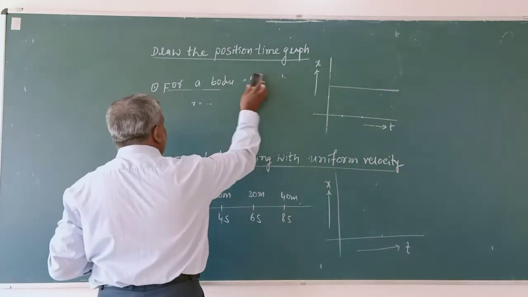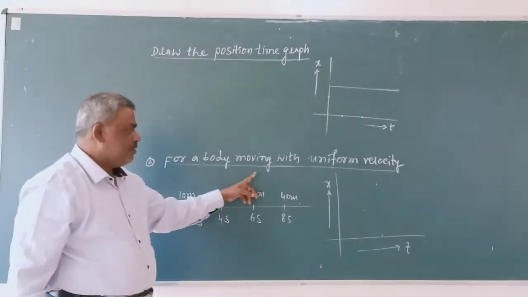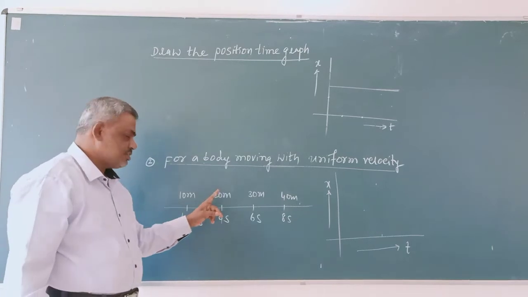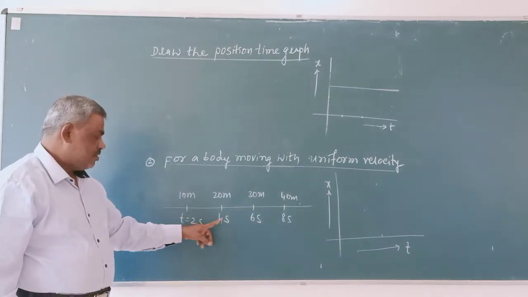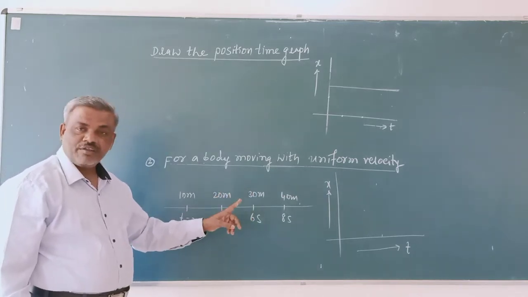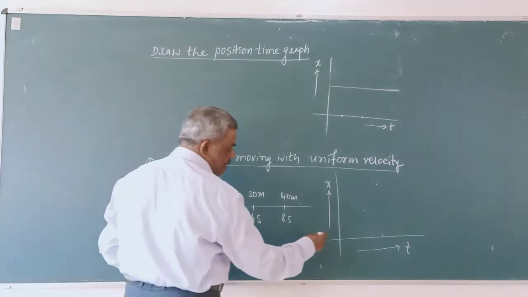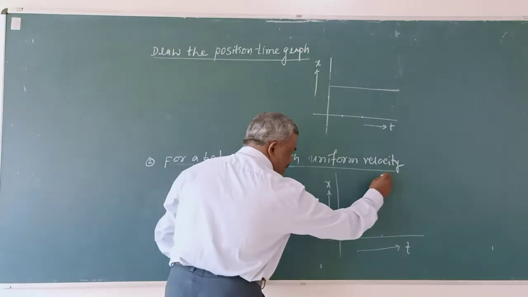Now the second one: draw the position-time graph for a body moving with uniform velocity. The body is moving along a straight line. After 2 seconds, 10 meters; 4 seconds, 20 meters; 6 seconds, 30 meters; 8 seconds, 40 meters. Now mark the points, and we get a straight line.